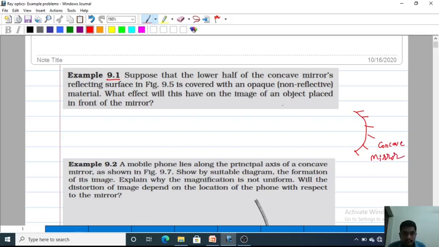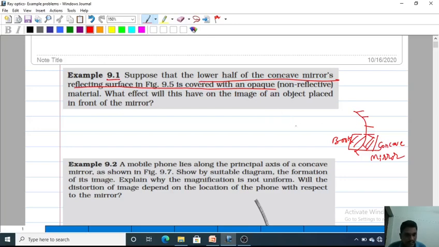So what happened to this concave mirror? Here the lower half of the concave mirror's reflecting surface is covered with an opaque object. If you place a book or any opaque object here, what effect will this have on the image of an object placed in front of a mirror?